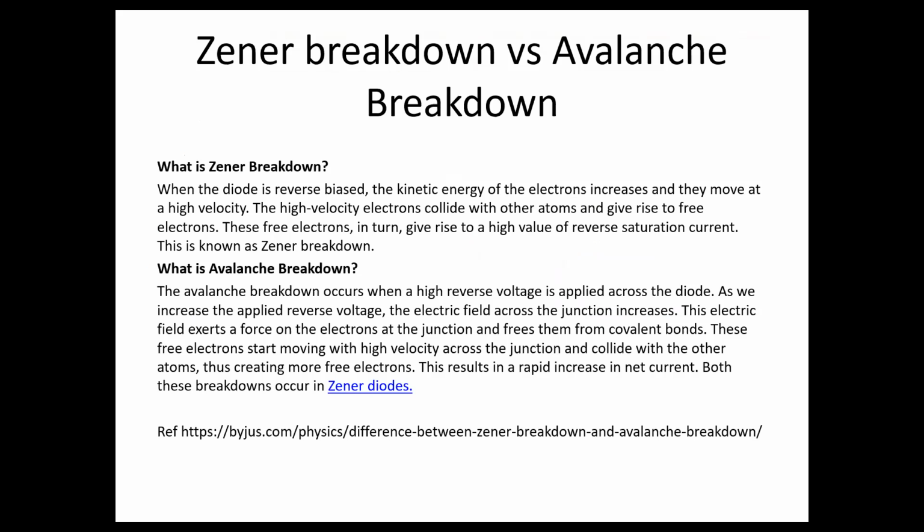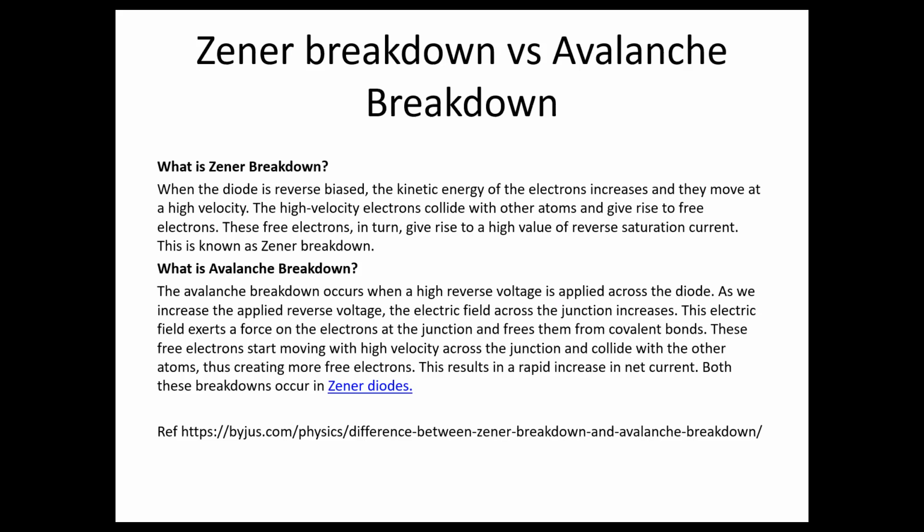When we reverse bias the Zener diode, it increases the kinetic energy of electrons, and they move with high velocity, collide with atoms, and release free electrons. These free electrons give high conduction, so that is what Zener breakdown is.